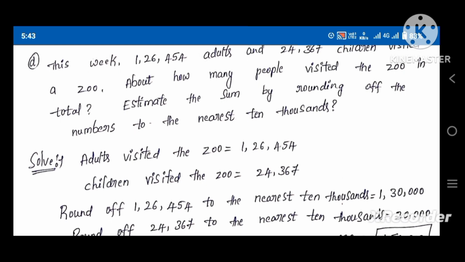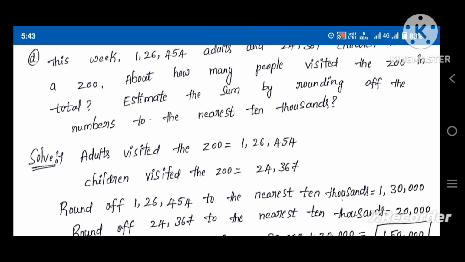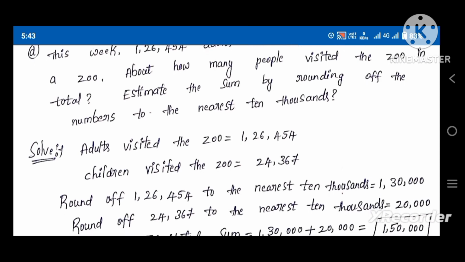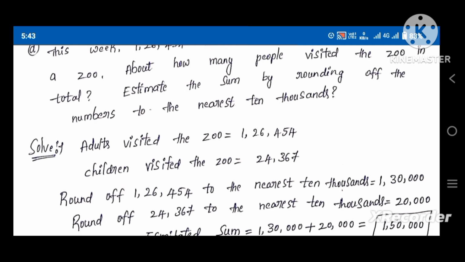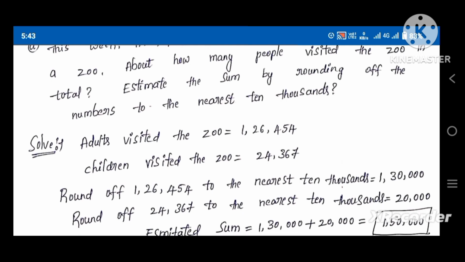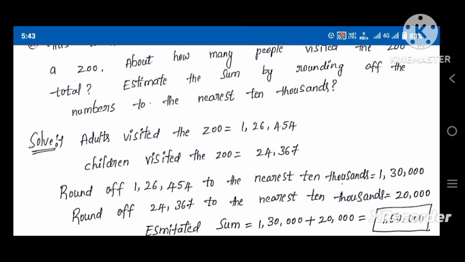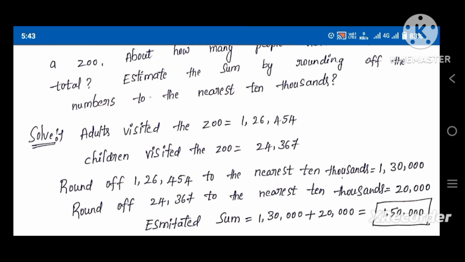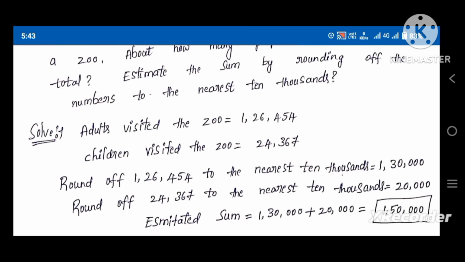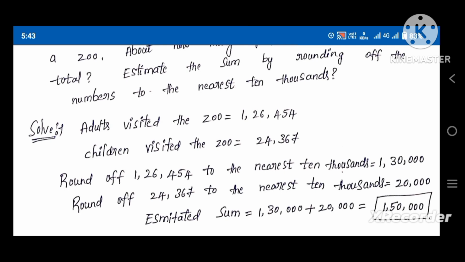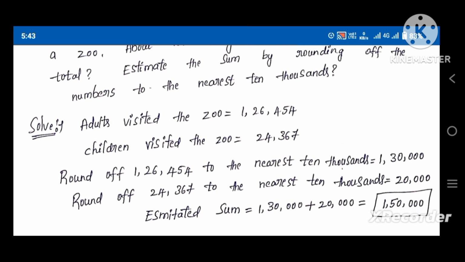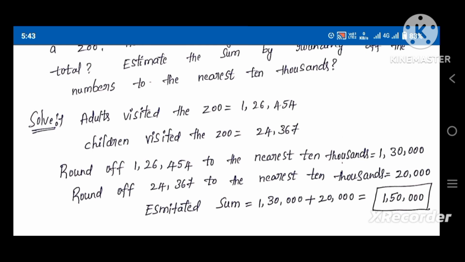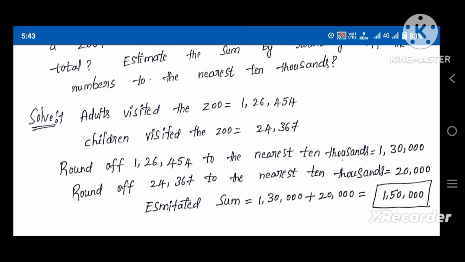Solve. Adults visited the zoo is equal to 1,26,454. Children visited the zoo is equal to 24,367. Round off 1,26,454 to the nearest 10,000s is equal to 1,30,000. Round off 24,367 to the nearest 10,000s is equal to 20,000.